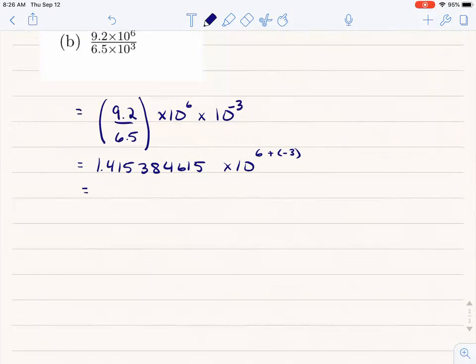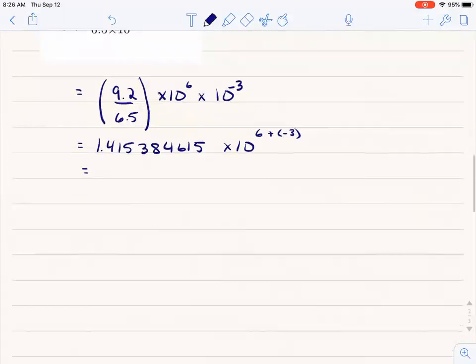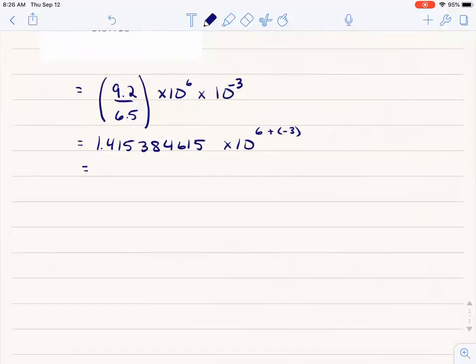And again, not paying attention to sig figs, because we're not there yet. So now our final answer, 1.415384615 times 10 to the power of 3. Voila.